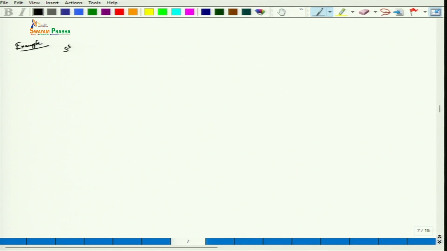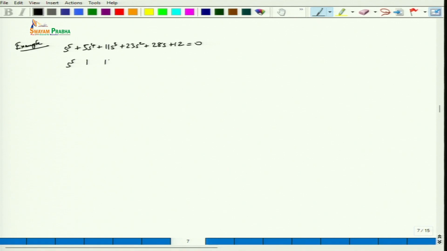Now let us consider another example where we have s to the power 5 plus 5s to the power 4 plus 11s cube plus 23s square plus 28s plus 12 is equal to 0. We see all coefficients are positive, so necessary condition is satisfied.